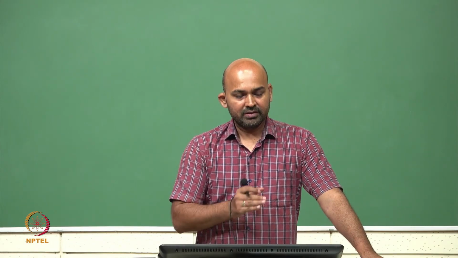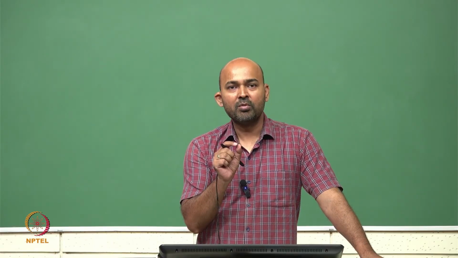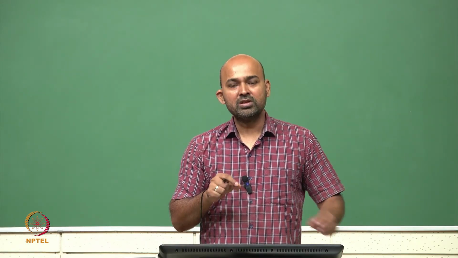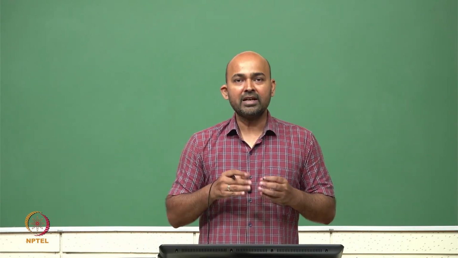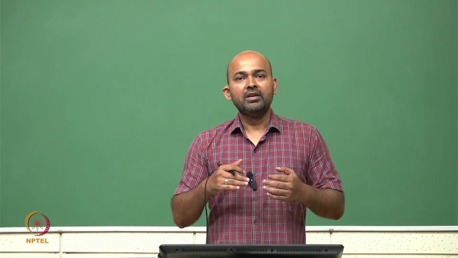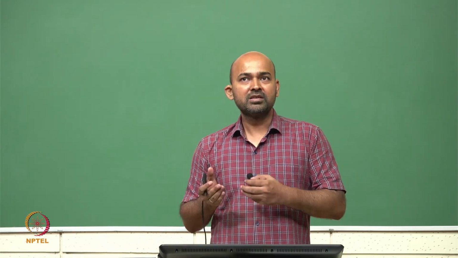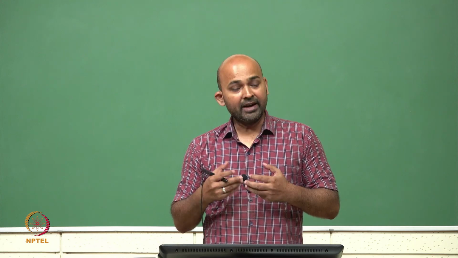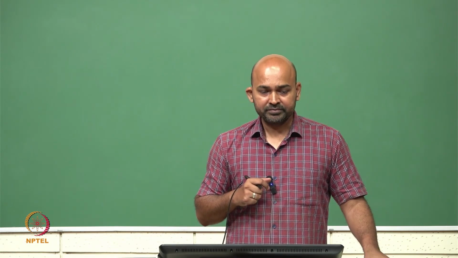In surface mount, we have smaller components which we can connect on both sides of PCBs, and because of the small size, they do not offer that much parasitic effect. So our circuit can achieve higher speeds. The drawback is the thermal problems. They cannot handle that much heat.